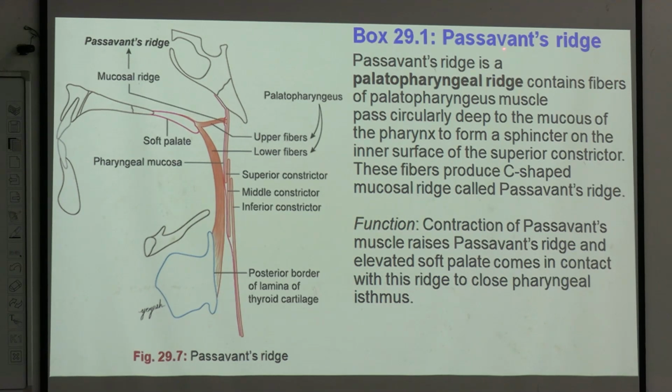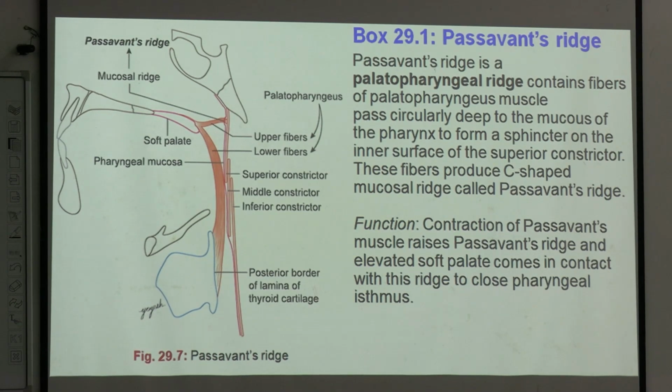We call this Passavant's ridge. It is a muscle fiber coming from the palatoglossus muscle: instead of going down, a tiny upper fiber moves up and anchors to the muscles of the pharynx.